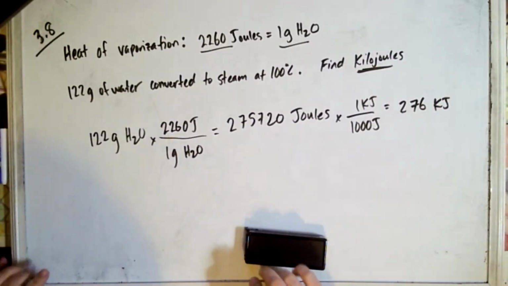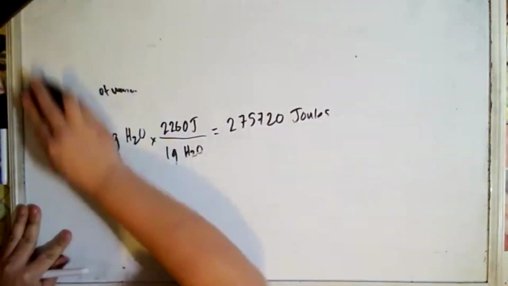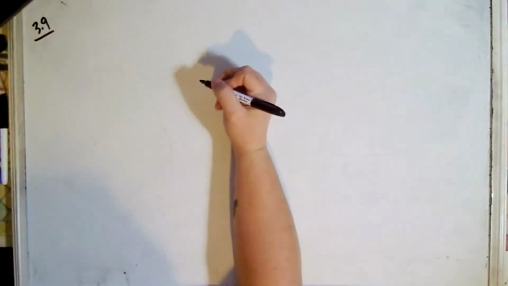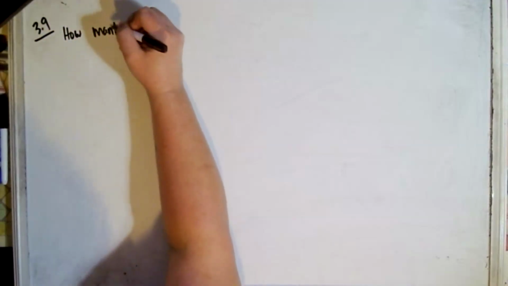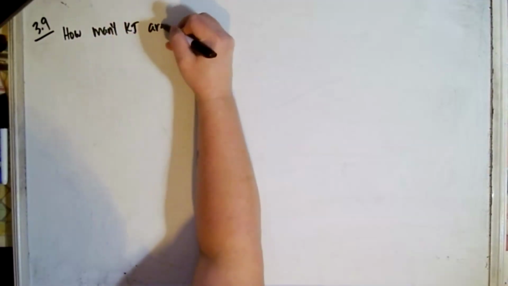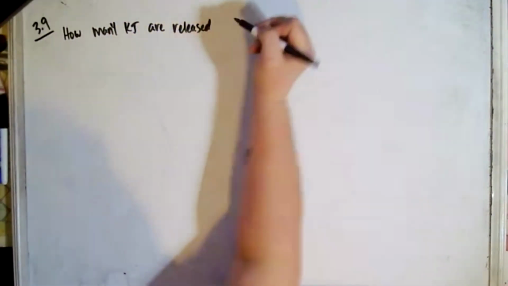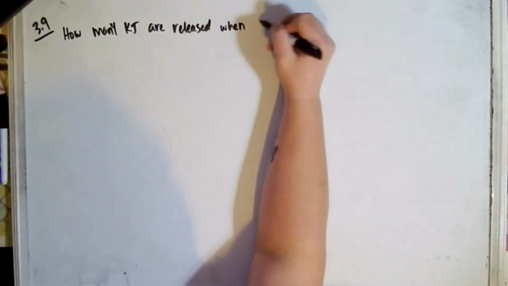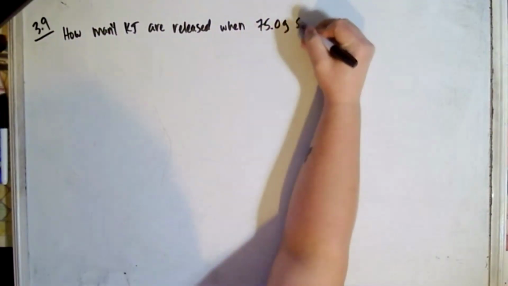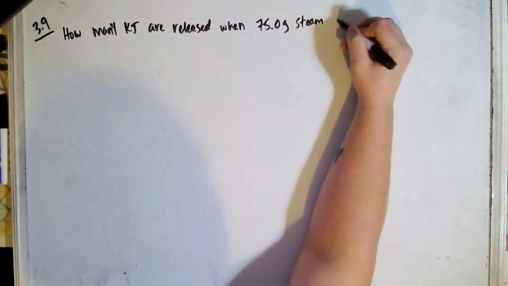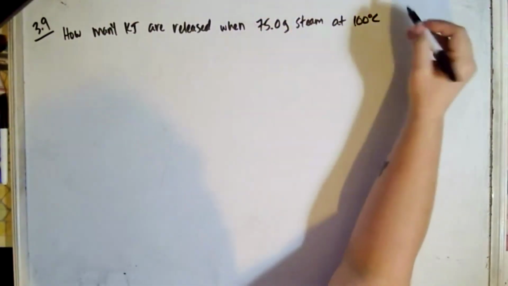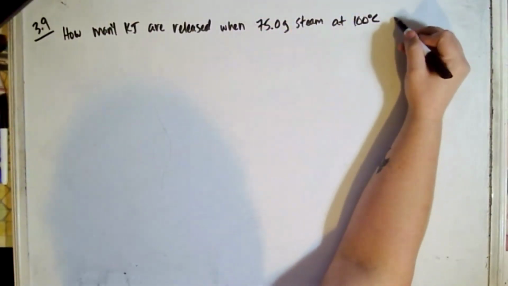Next question is study check 3.9. This one says, how many kilojoules are released when 75 grams of steam at 100 degrees Celsius condenses, cools to 0, and then freezes at 0 degrees Celsius.